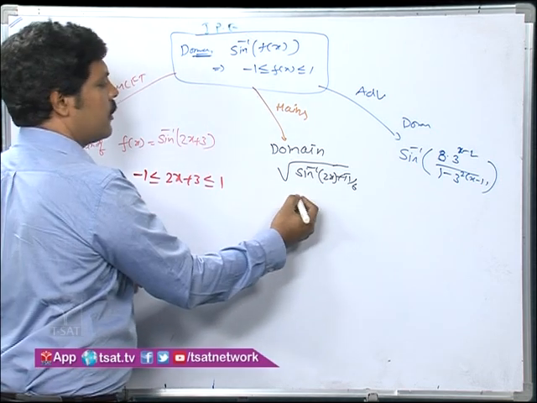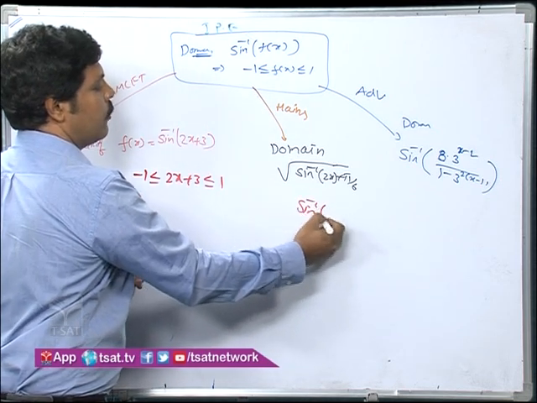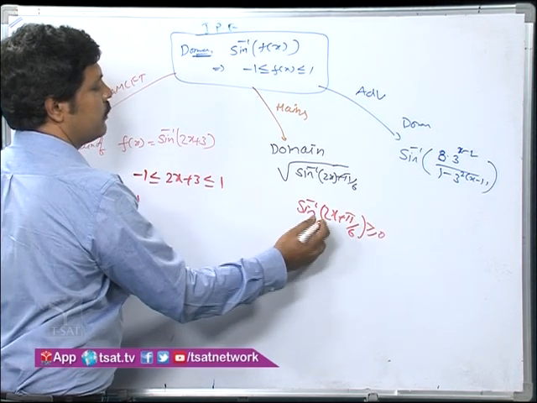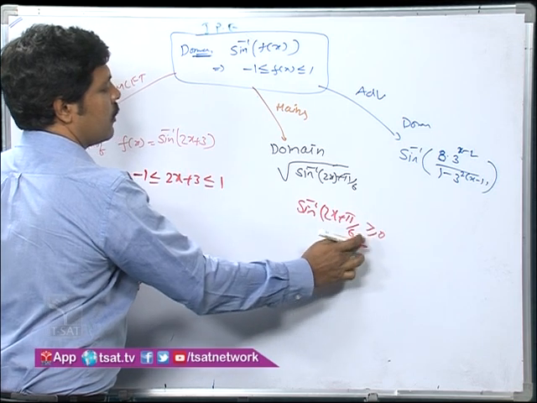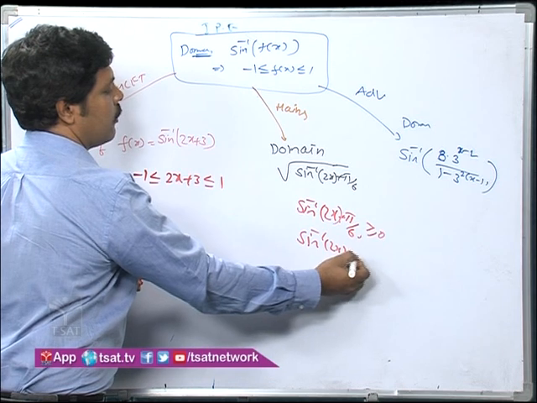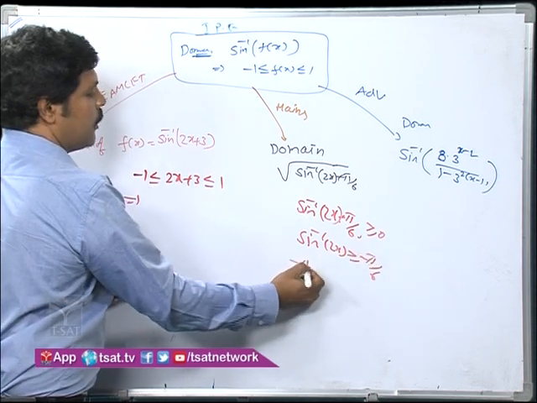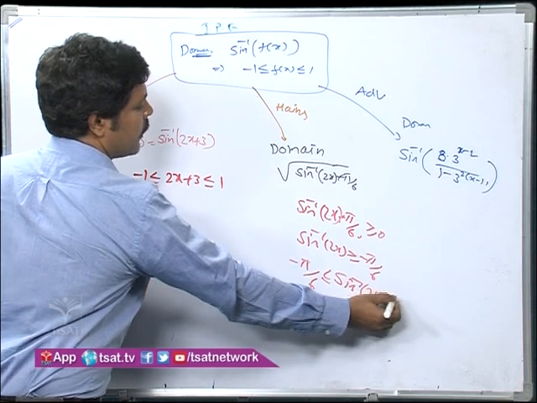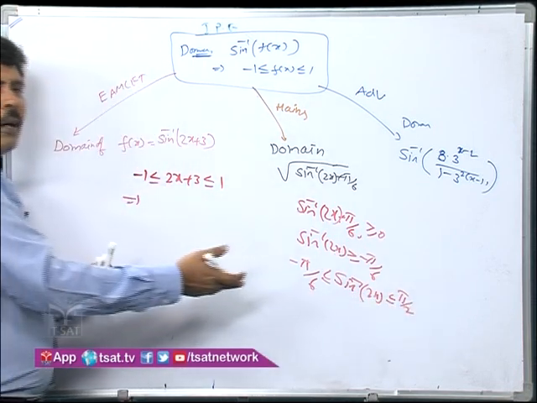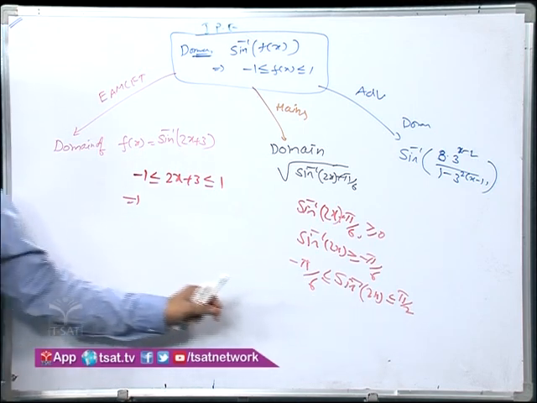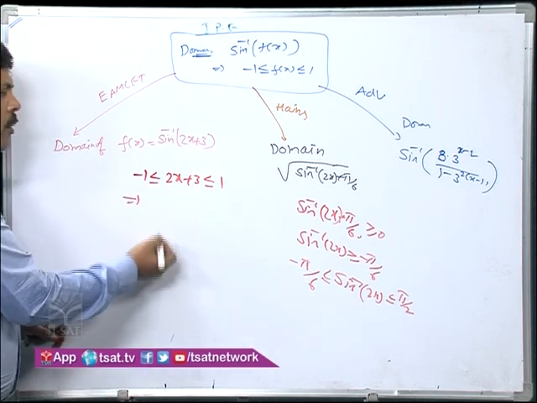In mains, the condition is sin inverse of 2x plus π/6 greater than or equal to 0. Then sin inverse of 2x is greater than or equal to -π/6, so -π/6 is less than or equal to sin inverse of 2x, which is less than or equal to π/2. We can apply the sin function to this and find the domain like this.